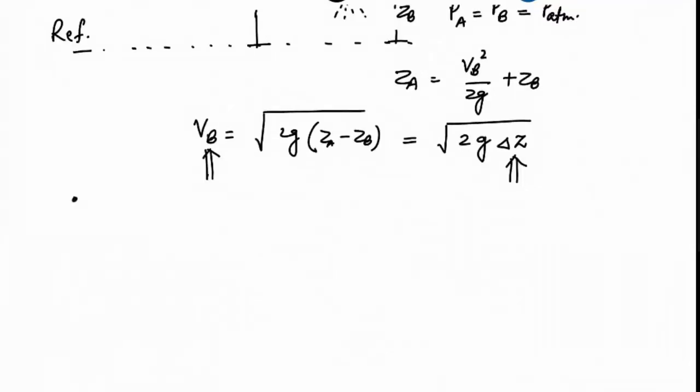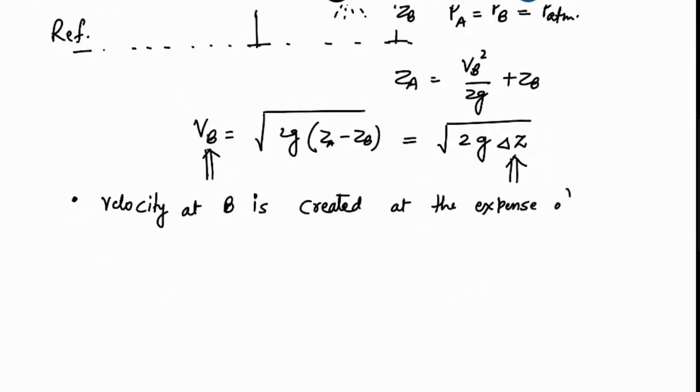So we can say velocity at B is created at the expense of the head difference between A and B. Whatever head difference you have will create velocity at B.